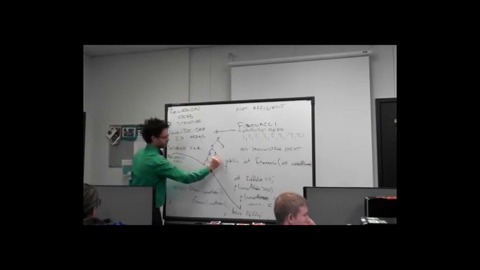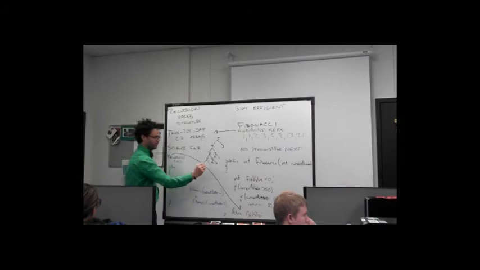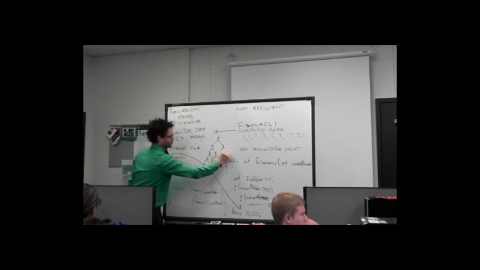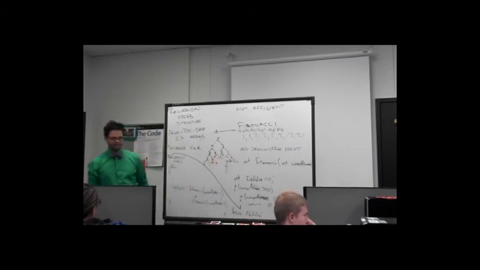And then we have 2, it's going to call it on 0 and 1. And 3 is going to call it on 2 and 1. And 1 is going to call it on 0 and negative 1. And 2 is going to call it on 1 and 0. And 1 is going to call it on negative 1 and 0.